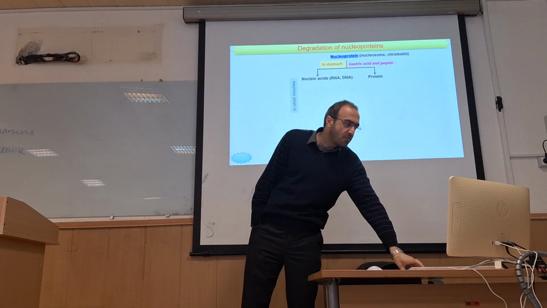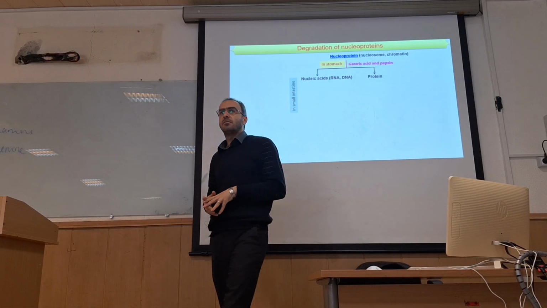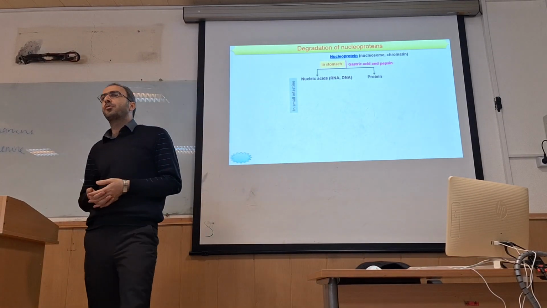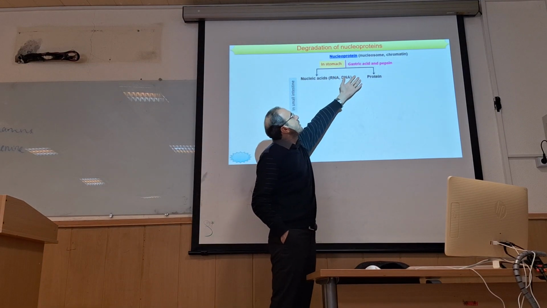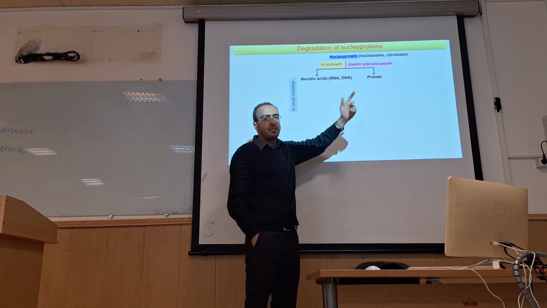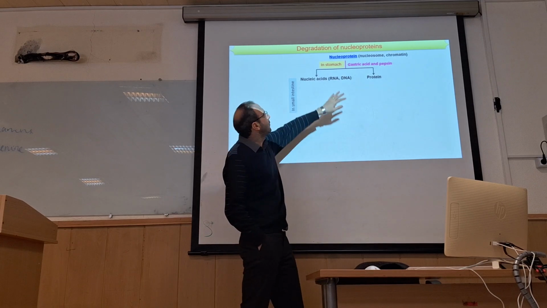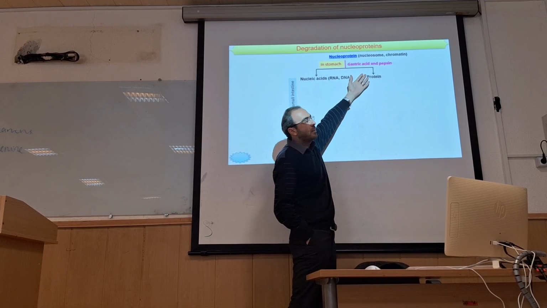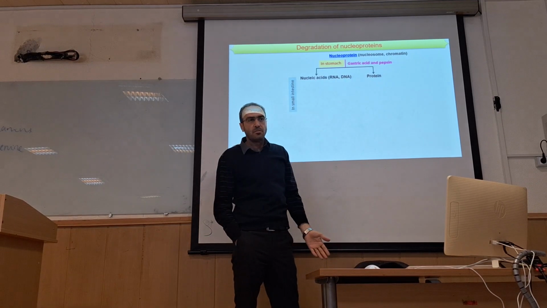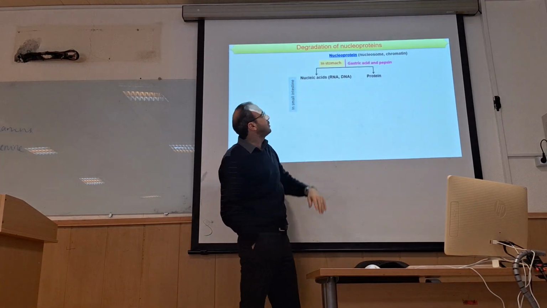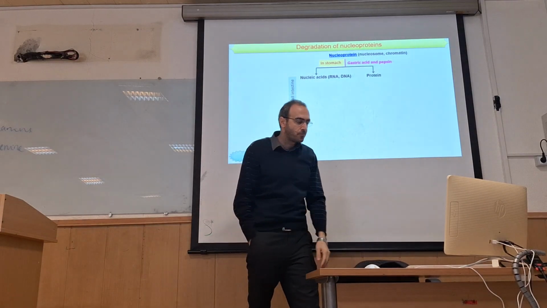Here you can see when we eat food, it contains nucleoprotein. Nucleoprotein consists of protein and nucleic acid, RNA and DNA. In the stomach, gastric acid and pepsin release the protein and we produce nucleic acid, RNA and DNA.